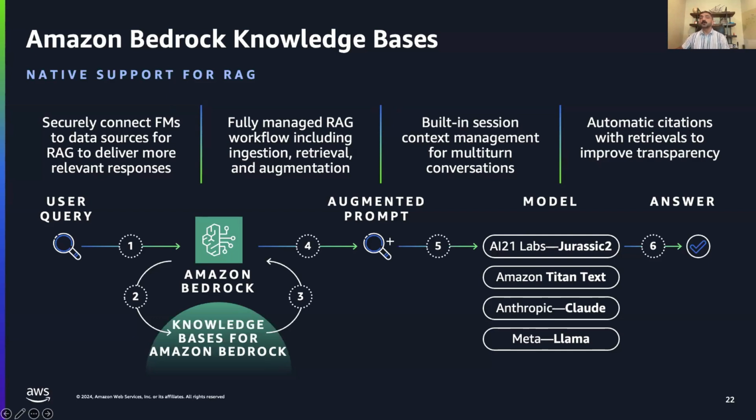So, with Bedrock, one of the cool features of Bedrock is it is a fully managed retrieval augmented generation that allows you to customize your foundation model with contextual and relevant custom company data.